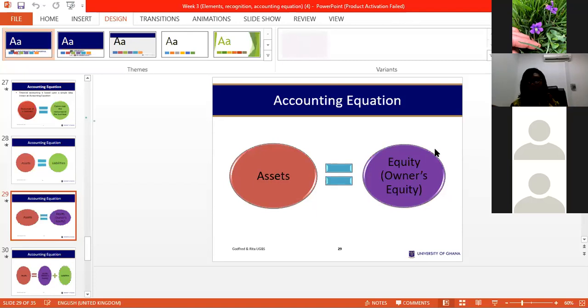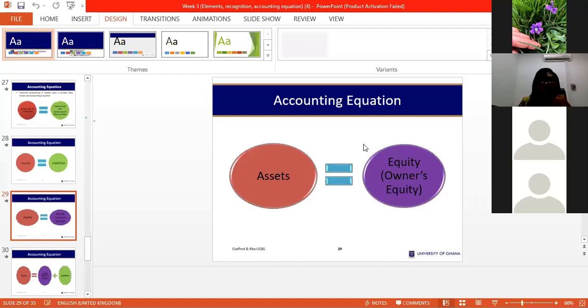Okay, so at inception, most often the asset is always equal to the owner's equity, or the resources of the business is provided by the owners. It's provided by the owners. Okay, and it's in the form of share capital or capital.